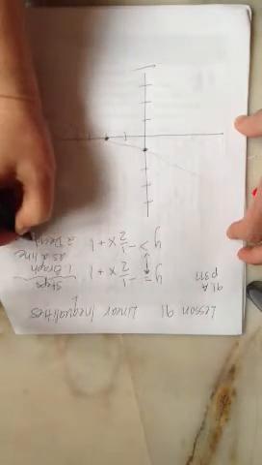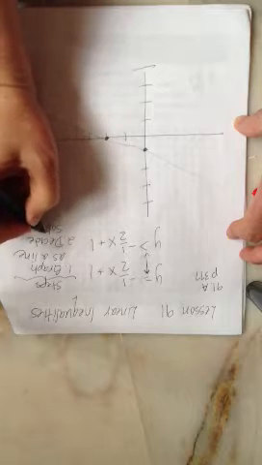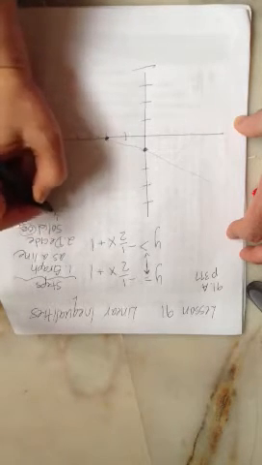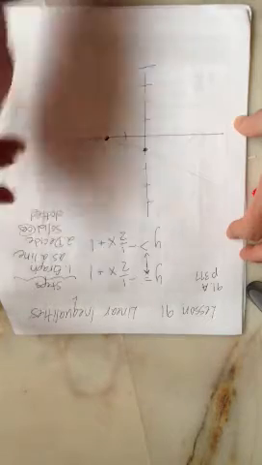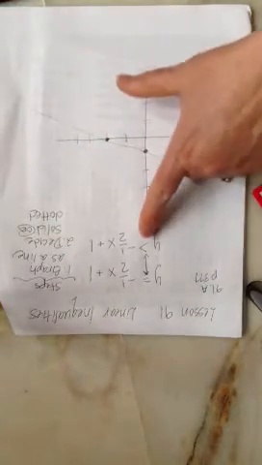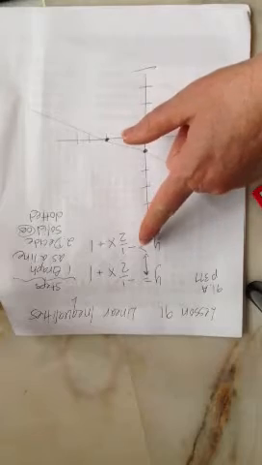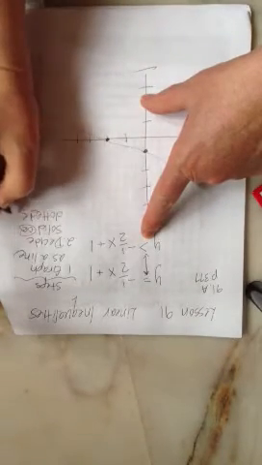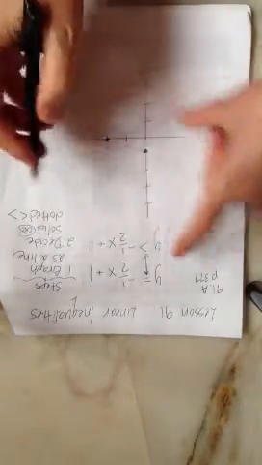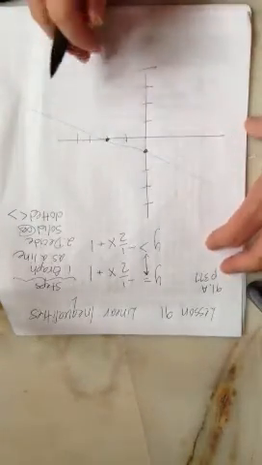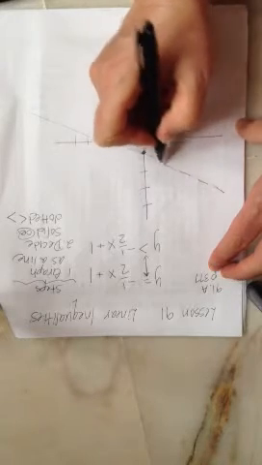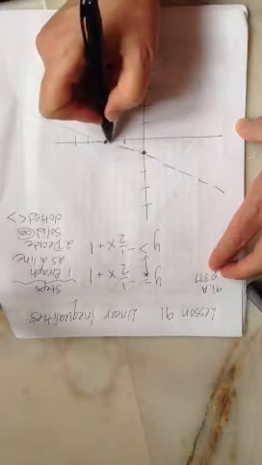We have a choice to make here. If this inequality that we're graphing is just greater than, not greater than or equal to, then we use a dotted line to mark it. Pretend that that's straight and perfect.